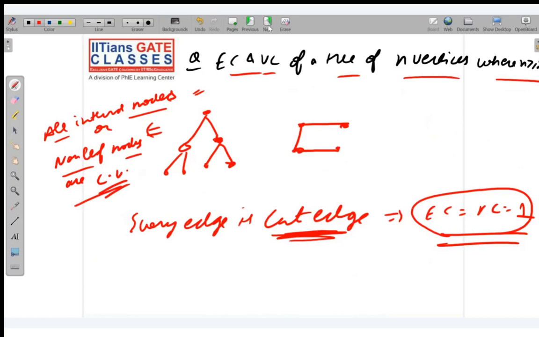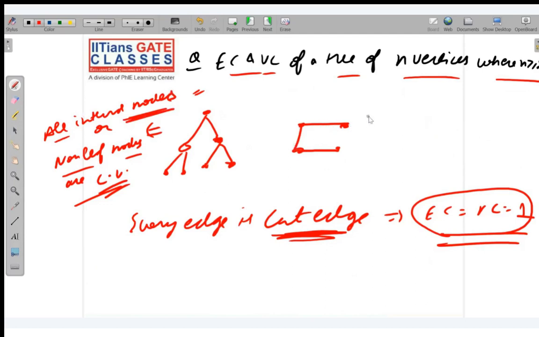One more point is coming to my mind. Leaf node degree is 1, right? Because only one edge is there. So if we have a non-rooted tree like this, I will say a node of degree 2 or more than 2 will be a cut vertex. In a rooted tree we have the definition of internal node and leaf node, but in a non-rooted tree we do not say leaf node and internal node.